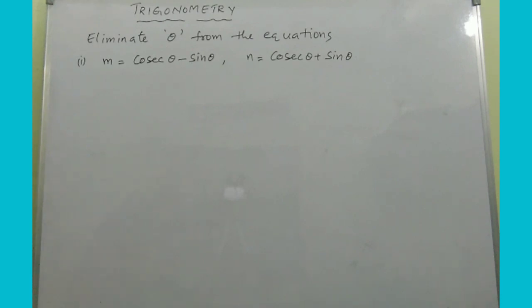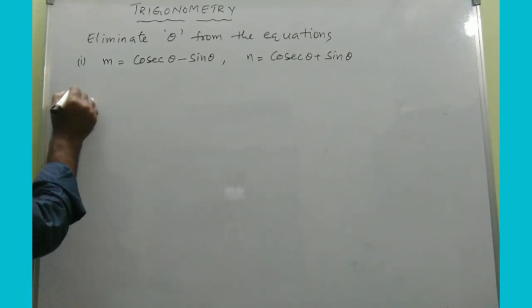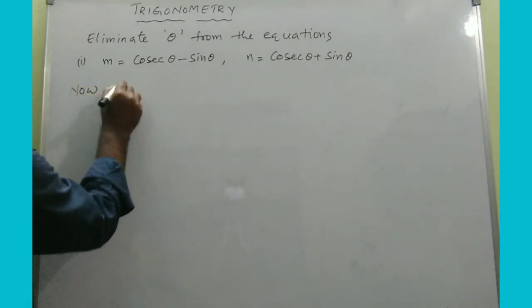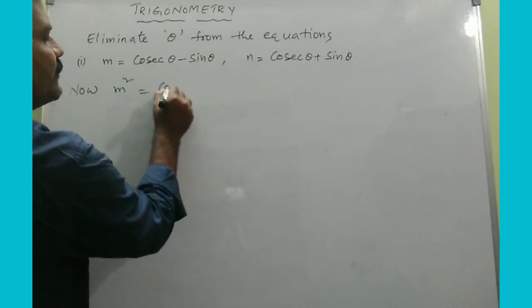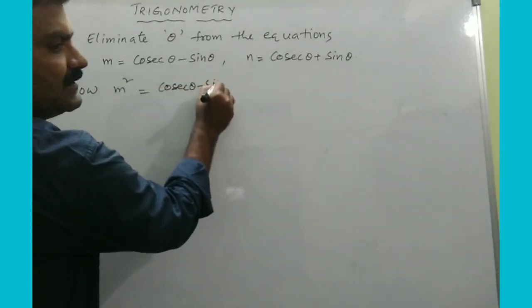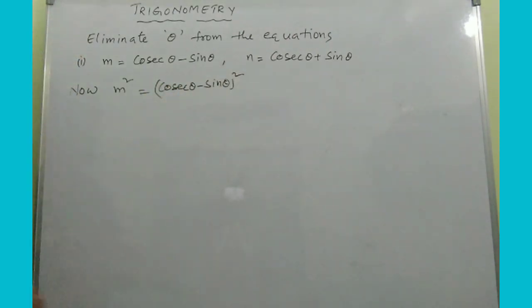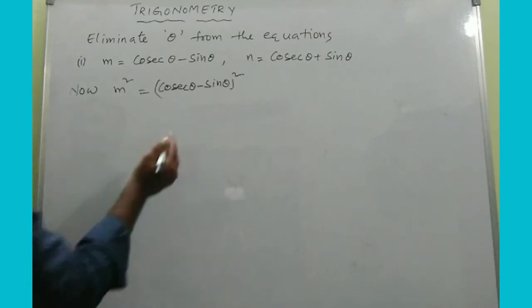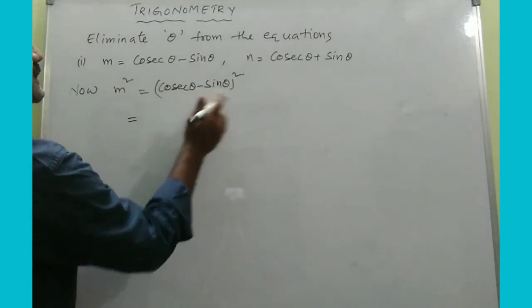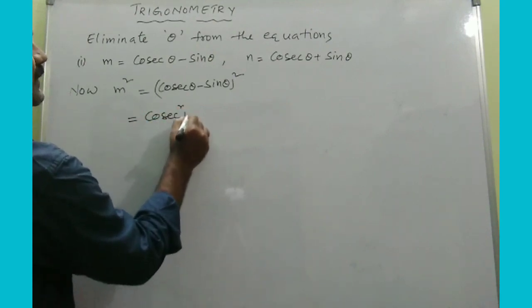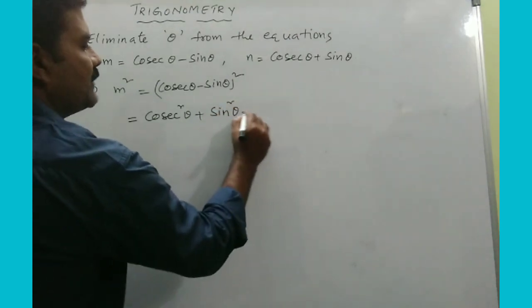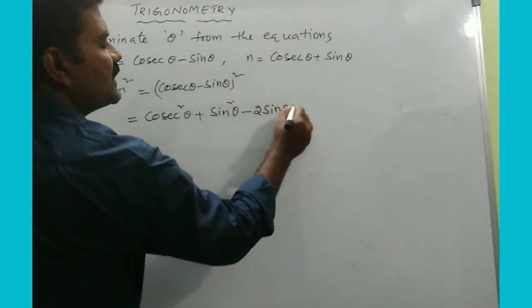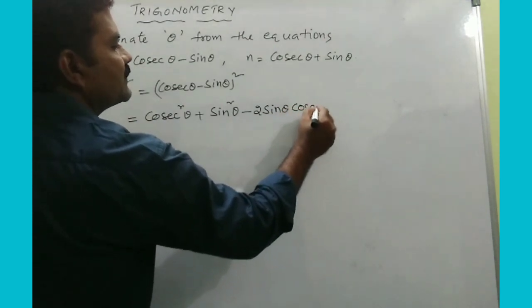So especially here I just want to go for m square. What is m square here? You see, a minus b whole square, which is cosecant theta minus sin theta whole square. So a square, cosecant square theta, plus b square, sin square theta, and minus 2ab, which is minus 2 sin theta into cosecant theta, isn't it?